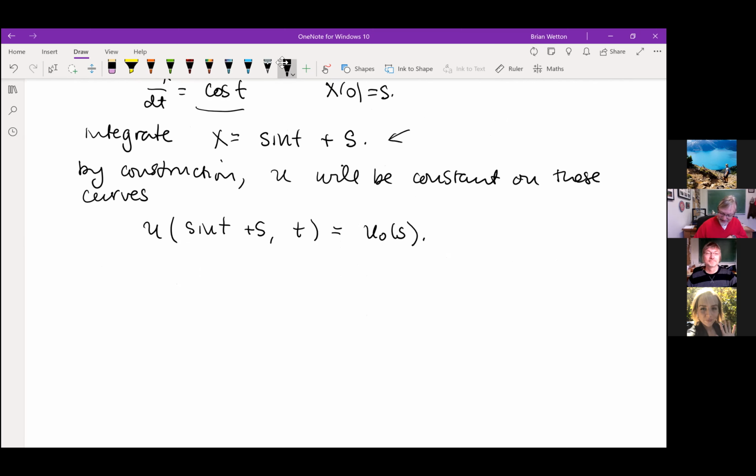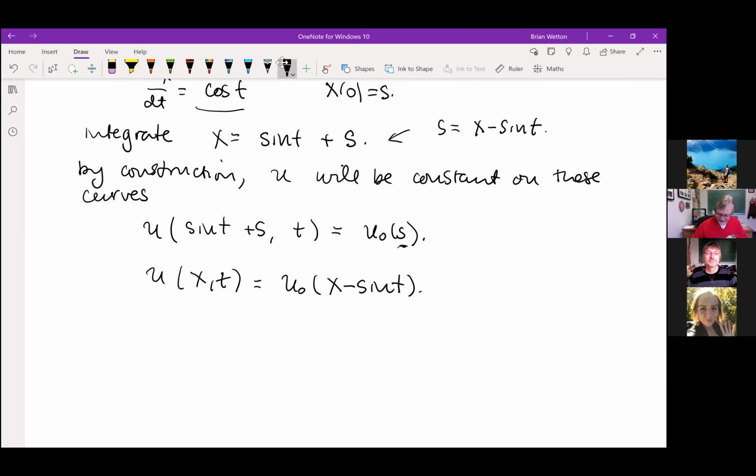Here, it's easy, right? If I want to write s as a function of x and t, that's pretty easy, right? I got s is x minus sine t, right? And so now I've got u of x and t. I'd have to figure out what s corresponded to that. So it's just u0 of x minus sine t.